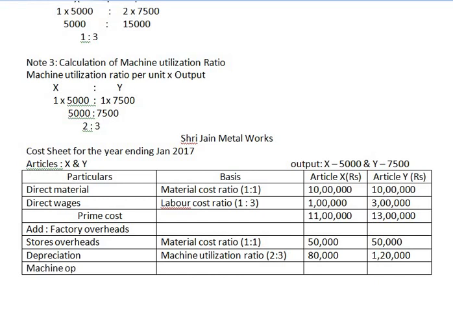Yes, now next expense is machine operating expenses. Now machine operating expenses, again it is related to machine utilization ratio. So write the same thing over here also, machine utilization ratio.